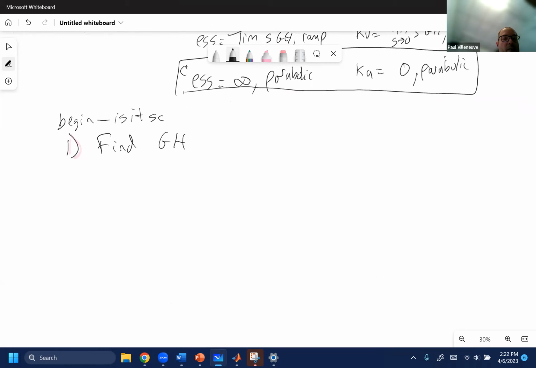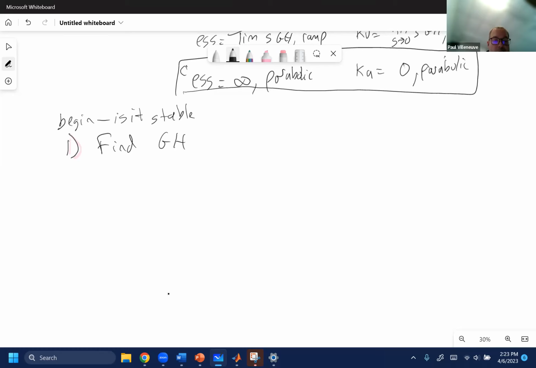If it's not stable, there's nothing you can do because the output is not going to be bounded, so you can't proceed with the work. The output is just going to continue to go to infinity, and no matter what you do for an input, the output is going to continue to blow higher.